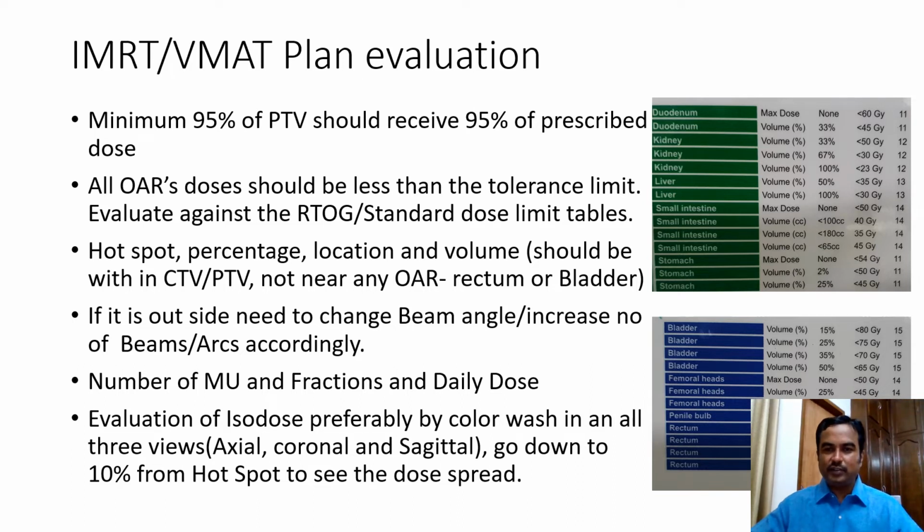All OARs should be within the tolerance limit. You all know very well what the dose limit is for bladder and rectum. But here we have to give importance: this tolerance limit includes the brachy dose as well. So if you are planning for 50 gray, and if you look into the bladder constraint, it will obviously be less than the recommended value.